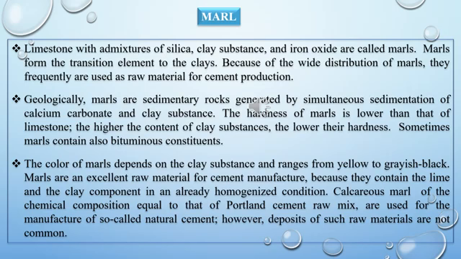Students, first of all, what is marl? Limestone with the admixture of silica and clay and also iron oxide is known as marl. Marls are frequently used as the raw material of cement production.